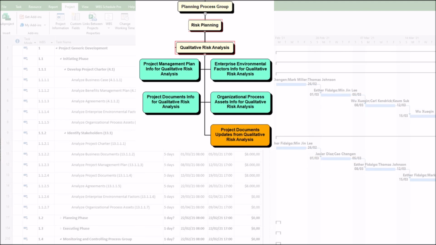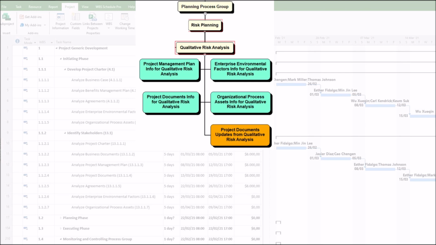In summary, we will now show why updating project documentation is important in the qualitative risk analysis process. Accurate and up-to-date project documents, especially the risk register, assumptions log, and issue log, are essential during Perform Qualitative Risk Analysis.